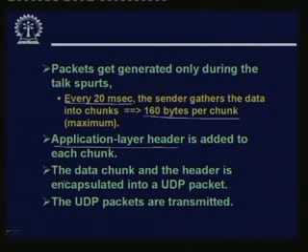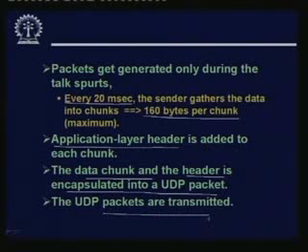The whole thing, the data chunk along with the header, is encapsulated into a UDP packet which is then transmitted. So, the point to note is that here typically we use UDP because we do not want the unpredictable packet delays that we encounter in TCP to take care of the packet losses and the other errors in transmission. Okay, we use UDP here.